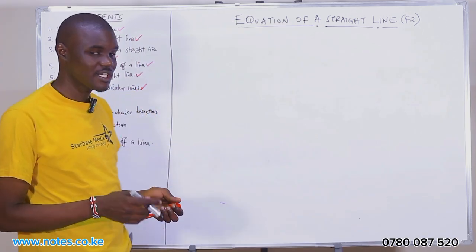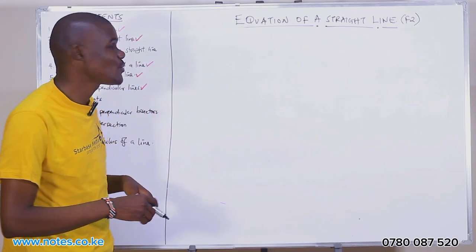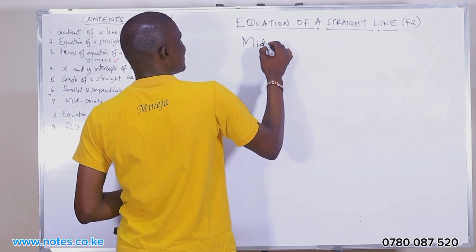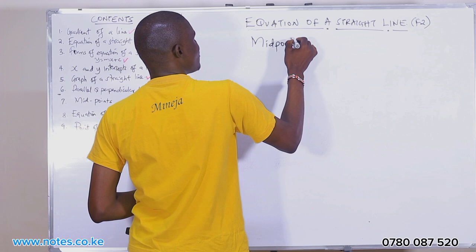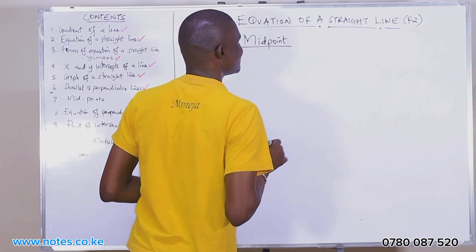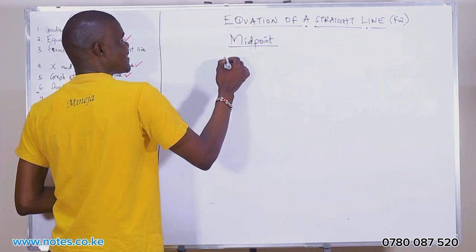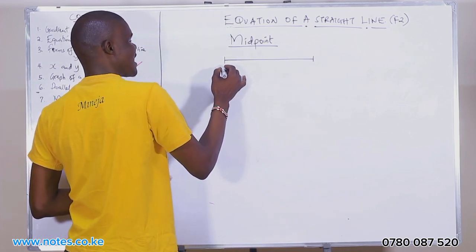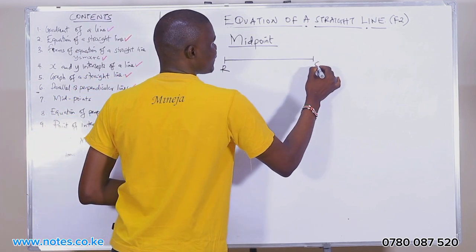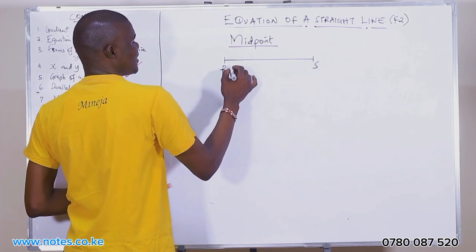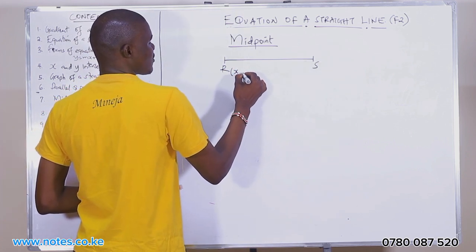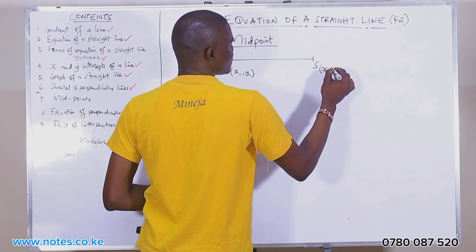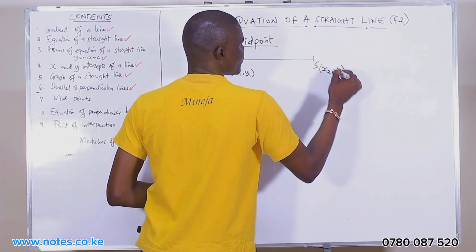Always practice. So let us move to the second segment, where we have midpoints of a line. How do you get the midpoint of a line? This is very simple. Have a mental sketch of a line. For example, this is line RS. We can call this x1, y1, and this x2, y2.